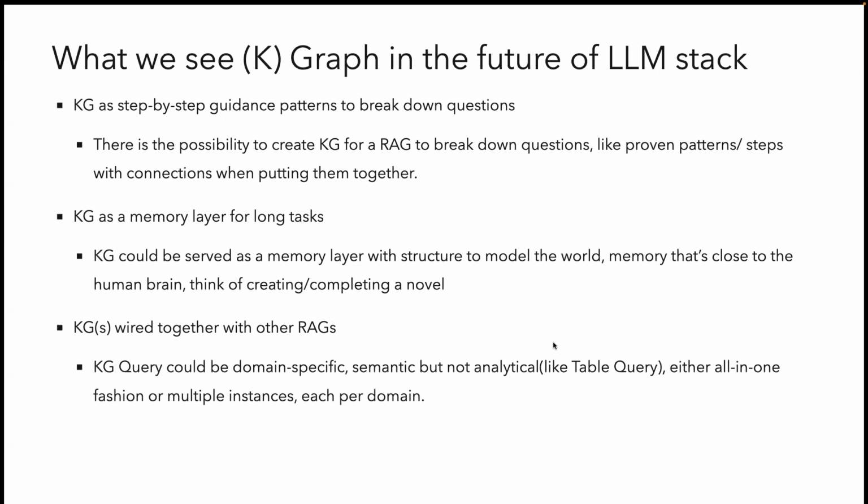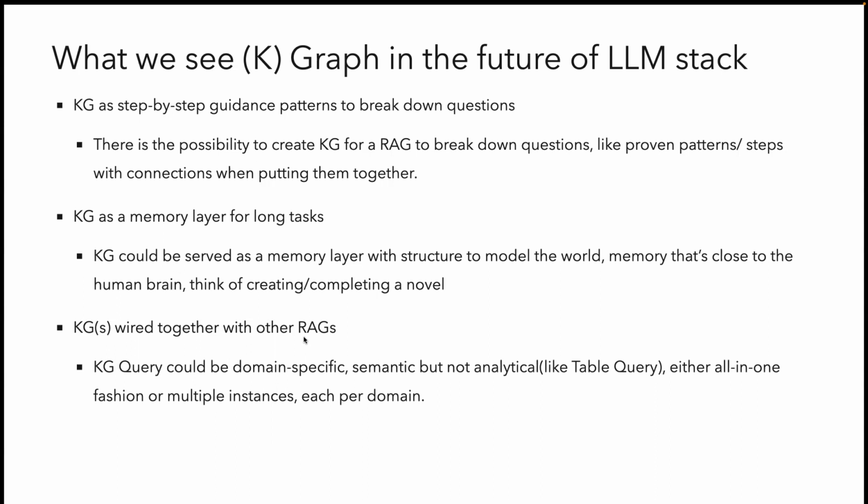So the final one is when we were talking about some real-world problems in their RAG applications. In real-world problems, we cannot fit one single query engine or retrieval approach to fit all the problems.